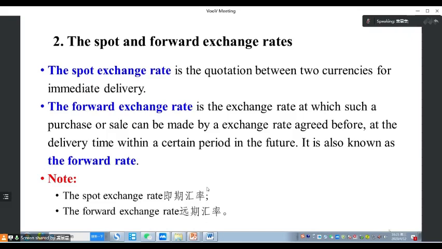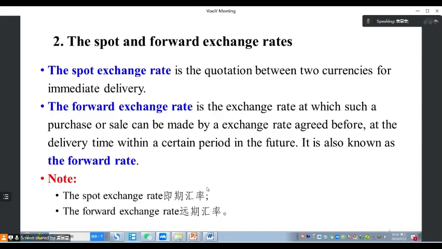This paragraph tells us that the forward exchange rate means two currencies are exchanged in the future, but the quotation can be certified now.